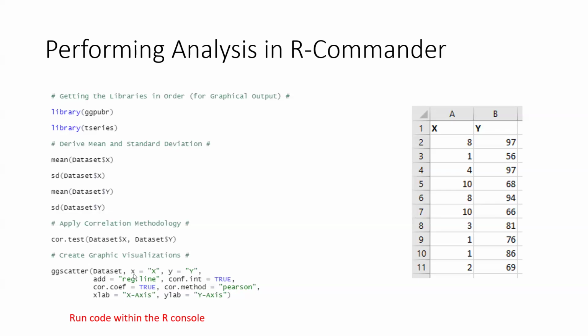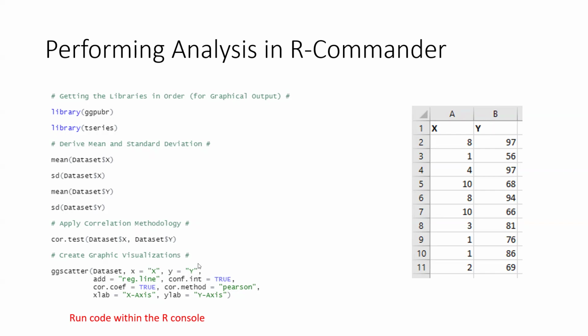x is going to equal your X variable. So x equals X because it's the name of our variable in this case. If this was variable 1, x would equal variable 1. If it was variable A, x equals variable A. For y, it's equaling Y because our variable name is Y in the dataset.